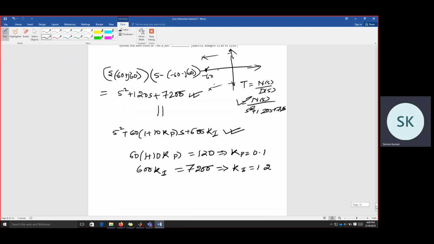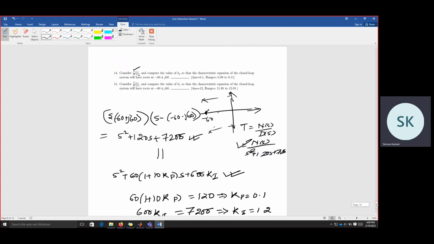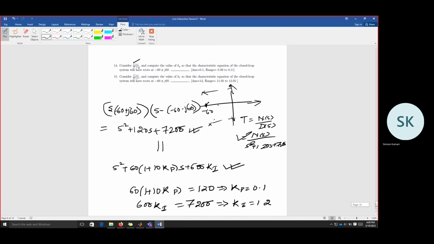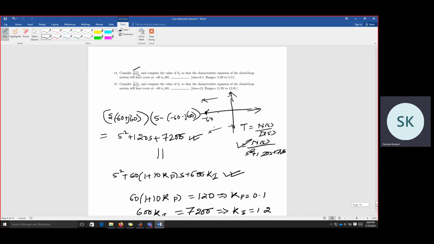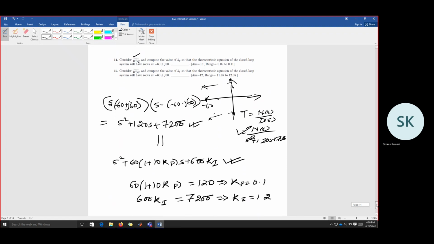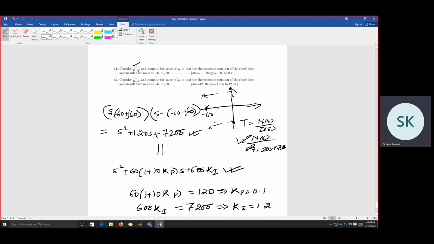So these are the values of Kp and Ki such that Y(s) given W(s) has poles at these complex conjugate roots.